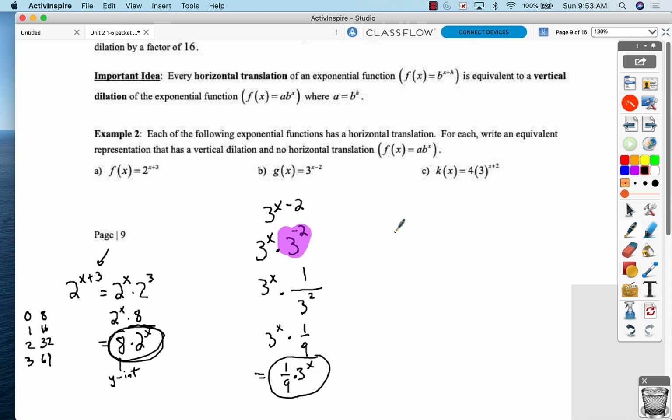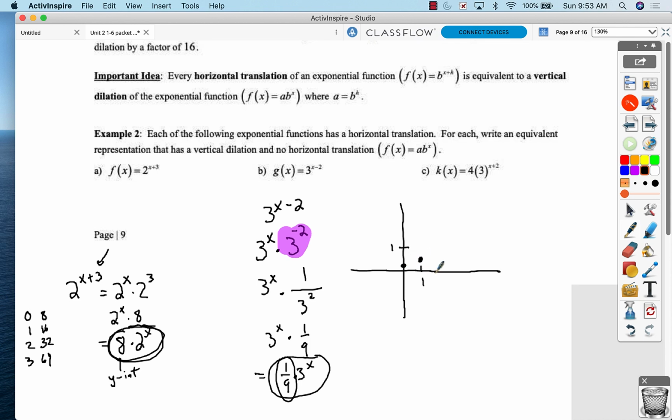You should have an idea how to graph these things pretty fast, because this thing here is your initial amount. That's your y-intercept. So let's call this 1. 1/9 is 1/9 of 1, so that would be your starting place. Okay, but at 1, watch what happens. This 1/9 goes to 1/3.